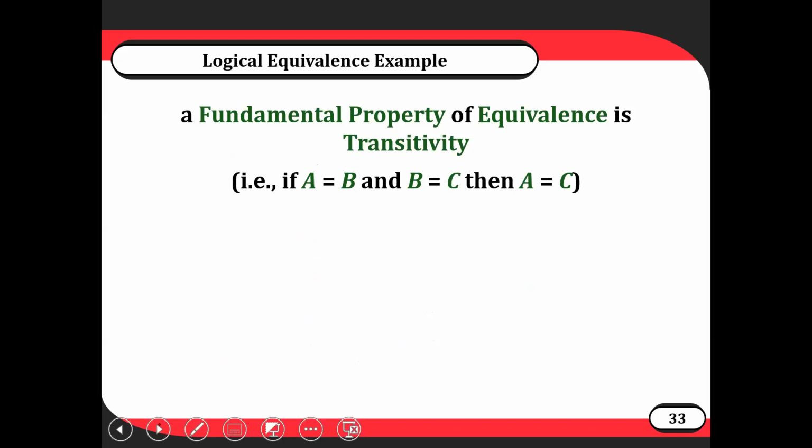All right, so a fundamental property of equivalence is transitivity. If two logical expressions are equal, and one of them is equal to a third, then the first one is also equal to the third. So if A equals B and B equals C, then A equals C. That's transitivity. That's common in math, of course, and it's also true in logic.